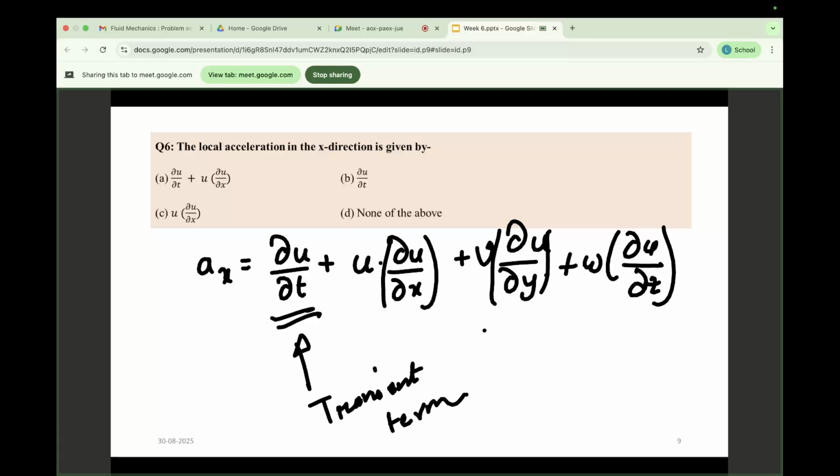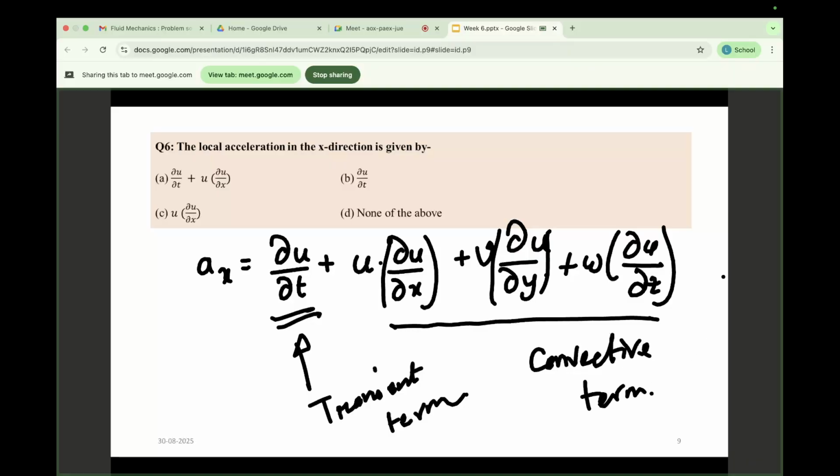Okay, this is the transient term, and the rest represent our convective term. So that is the question I asked. If any of these terms is given, then you can say that it's a convective term.